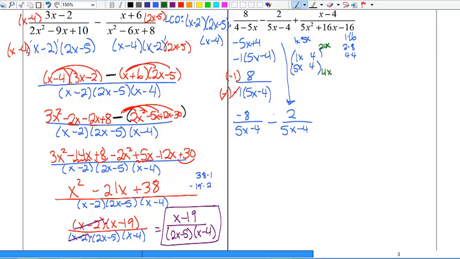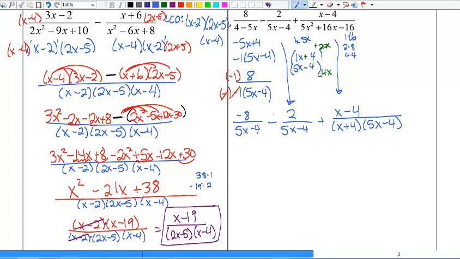With one of each sign, I can get to 16 with a positive on the 20 and a negative on the 4. So I'm going to go ahead and bring that down here to be x minus 4, same on the top, and the denominator is going to factor into x plus 4, 5x minus 4.